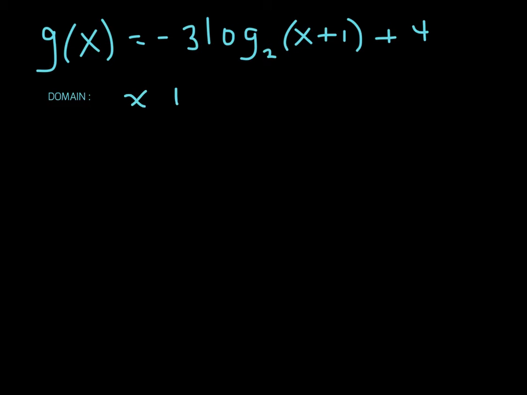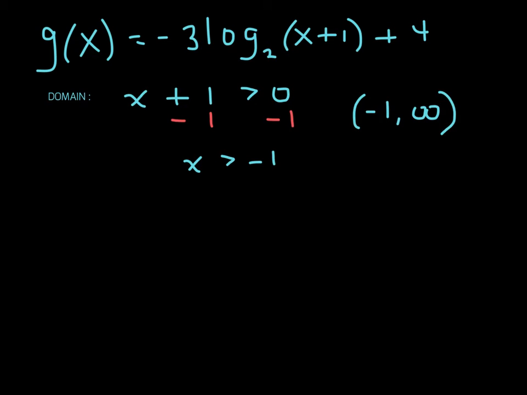Again, that's from the definition for a log function. It must be greater than 0. You can solve for x here. Subtract 1 from both sides to give you that x must be greater than -1.